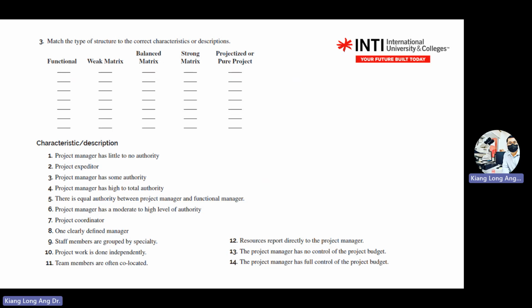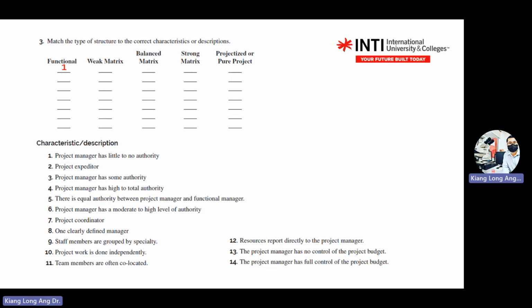The first one: project manager has little to no authority. What do you think? Yes, it's functional. Why? Because in functional, the functional manager is the one who has the say on the resources. I hope you learned something from all the discussion so far.